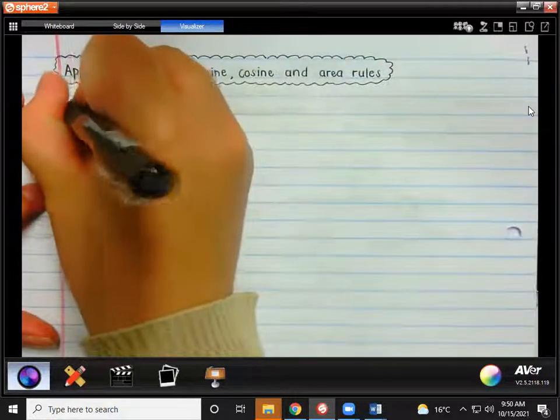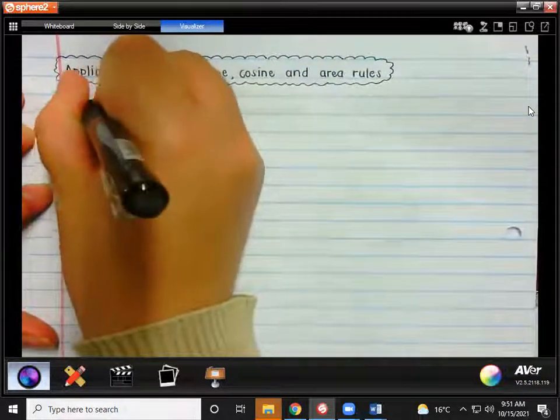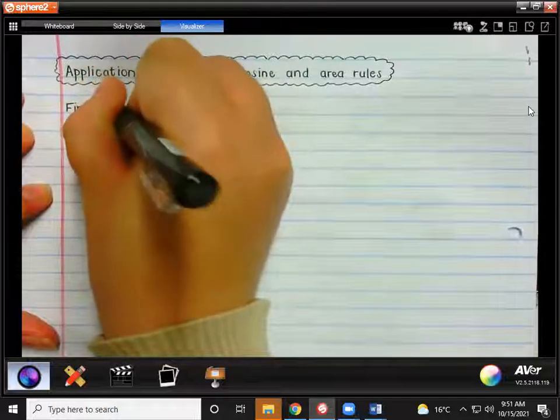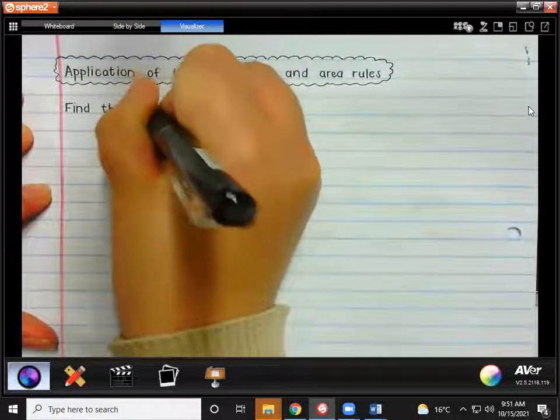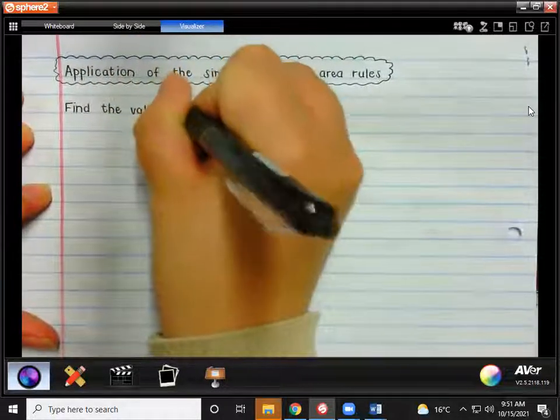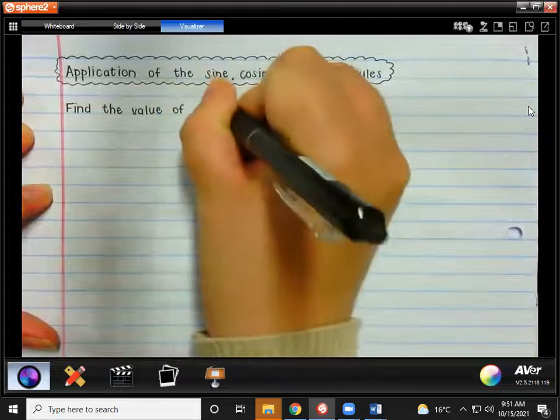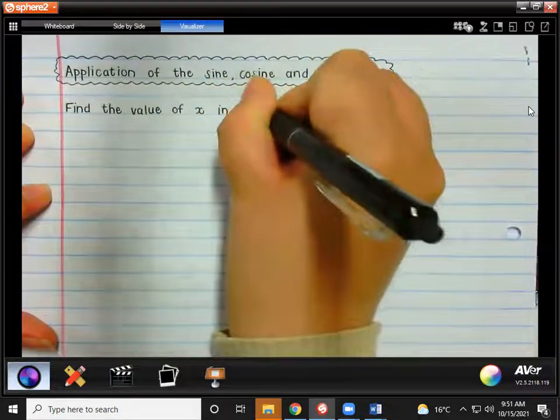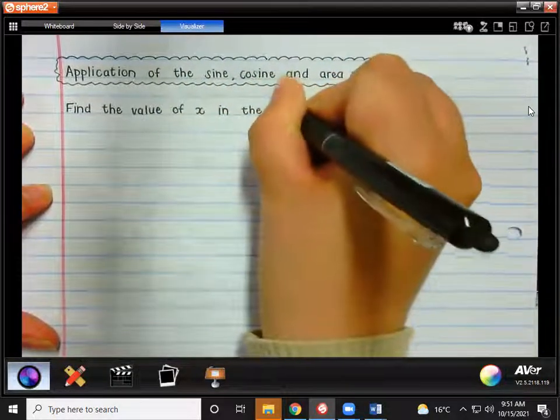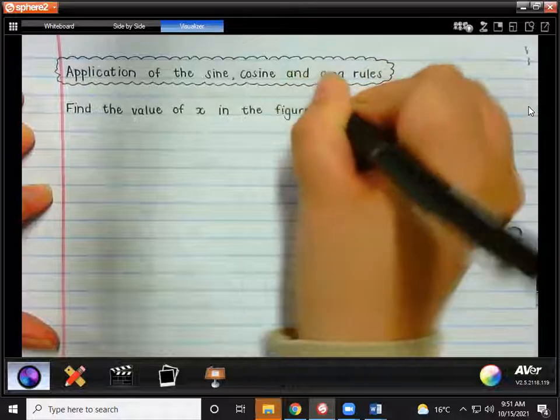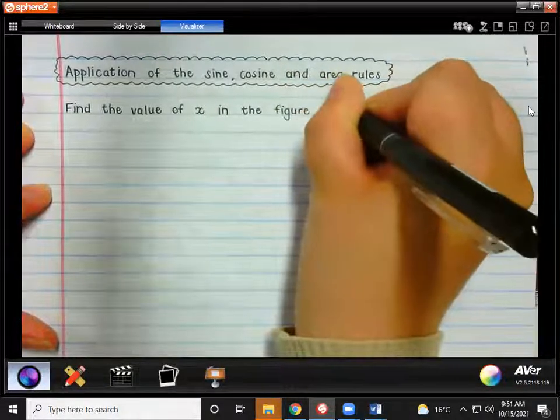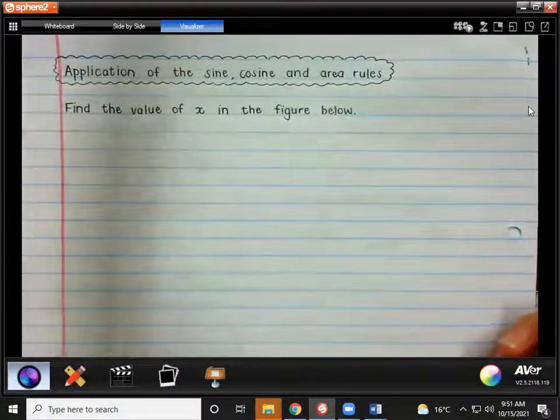Okay, find the value of x in the figure below.